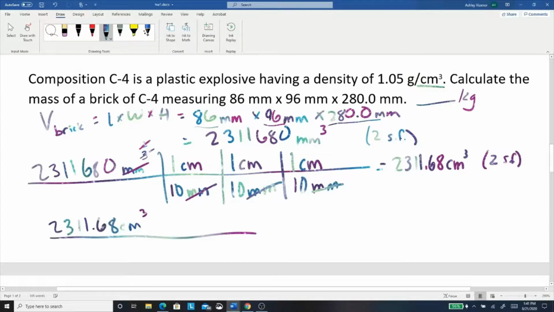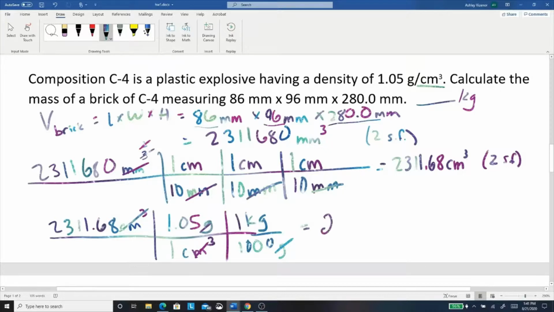And we're given a density where we can put that as 1.05 grams for every 1 cubic centimeter. And then our answer needs to be in kilograms. So we know there's 1 kilogram per 1,000 grams. Cancel, cancel, cancel, cancel. And remember 2 sig figs is going to carry on to be our final significant figures. So we get 2.4 kilograms.